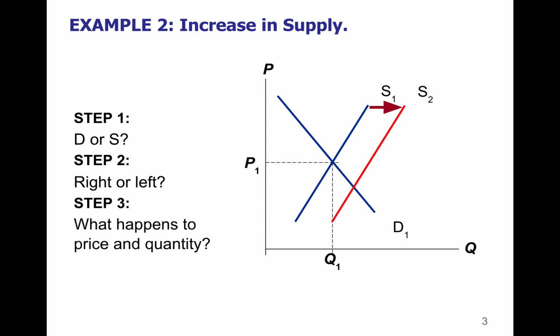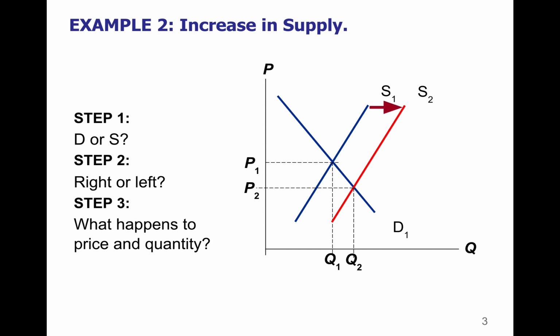Here we've shifted supply 2, it's now to the right. Our new equilibrium is at a new price 2 and quantity 2. When we increase the amount of supply, this means we shifted the entire supply line. So all of the suppliers increase the amount of goods that they're willing and able to sell to customers.